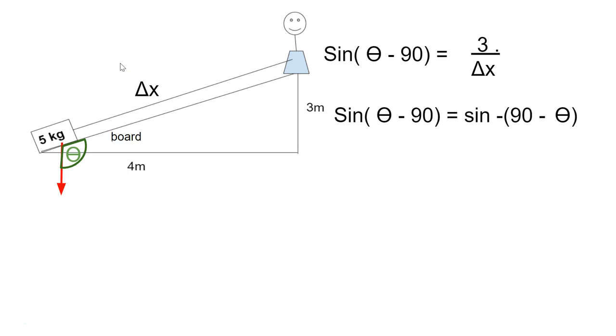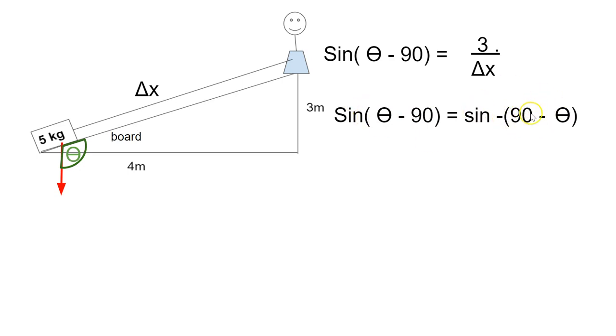Now, to apply a little bit more mathematics, I know sine of theta minus 90 is the same as, I just take out the negative sign, sine of minus (90 minus theta). There's my negative 90, and a negative times negative will give me a positive sign.